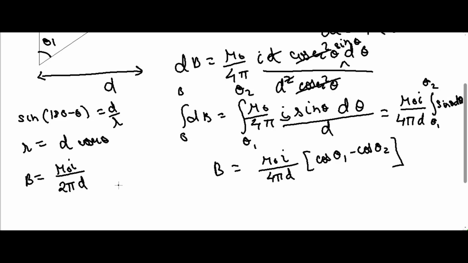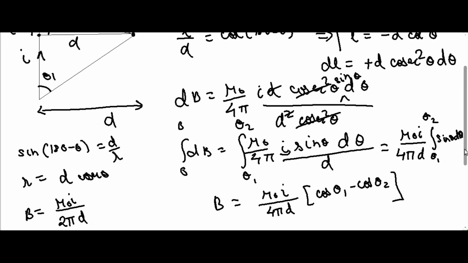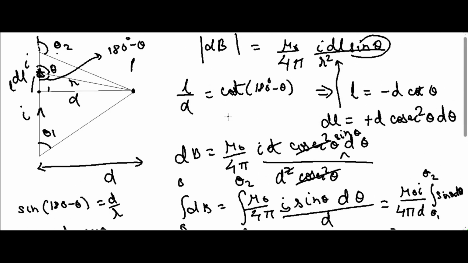Also, another important case we can find: what if this d is a perpendicular bisector? What if this point is at the midpoint of this wire? Suppose the length of the wire, let me take it as a.